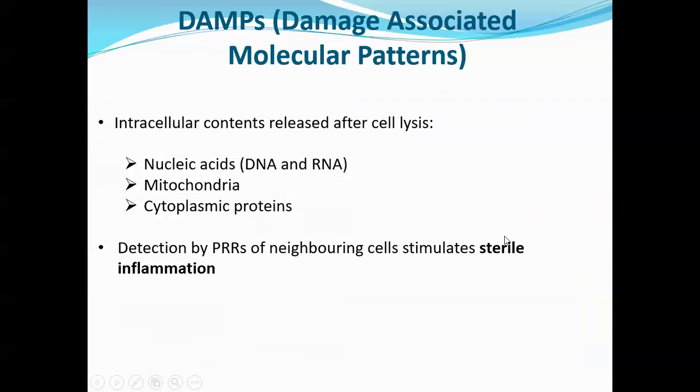Now, another thing we've got to understand, as I said, this is the same as what I've talked about in terms of the DAMPs, or the damage-associated molecular patterns. So the intracellular contents of cells, when they get lysed and release nucleic acids like DNA and RNA, mitochondria, if these get picked up by PRRs of nearby cells, they will induce those cells to undergo pro-inflammatory responses.